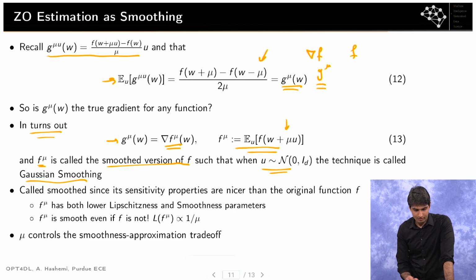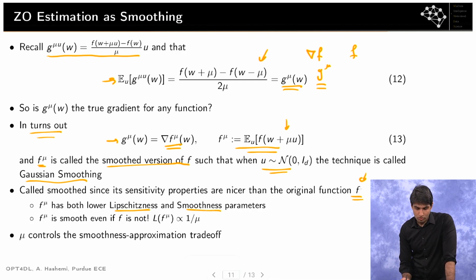So why do we call it smoothing? Because it turns out that this function f mu has sensitivity parameters or properties that are nicer than the original function. So for instance, assume that the original function is Lipschitz and smooth. It turns out that f mu is going to have lower Lipschitz parameter and also lower smoothness parameter.